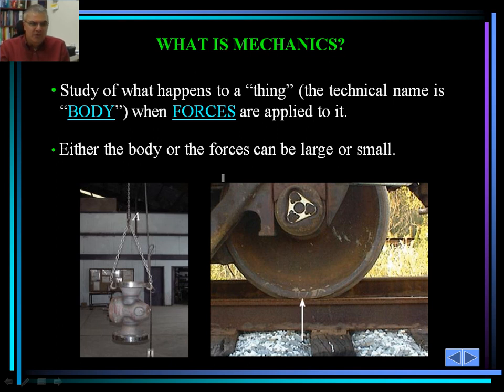So when we apply forces to a body at rest, what happens to it? In statics, we deal with a body at rest, but in dynamics, we deal with the body in motion. The forces can be large. The body can also be large. An example is the wheel of a train that is shown here.